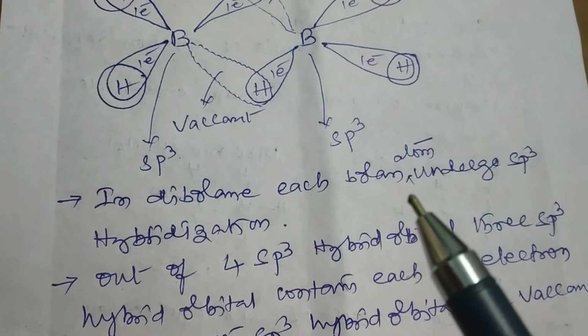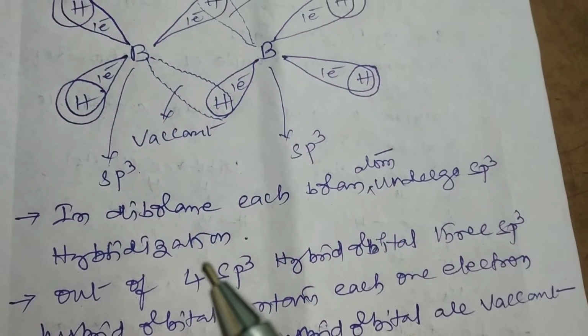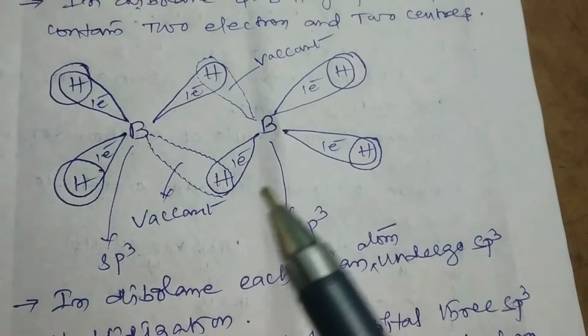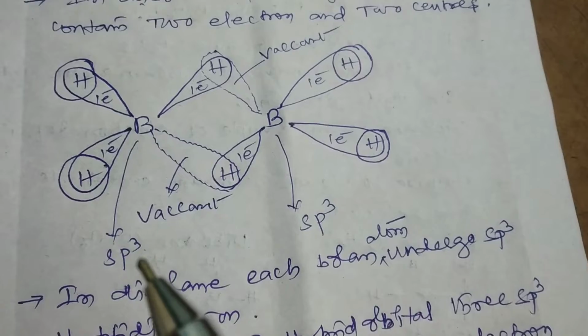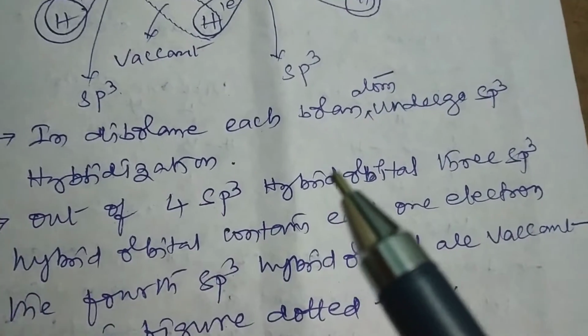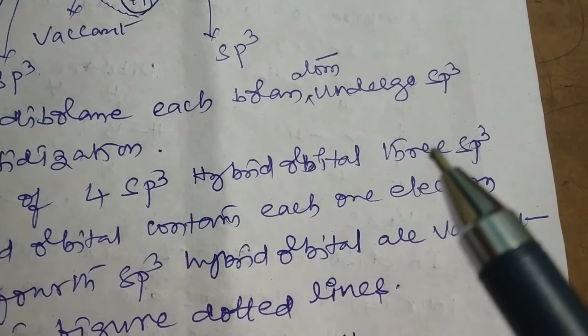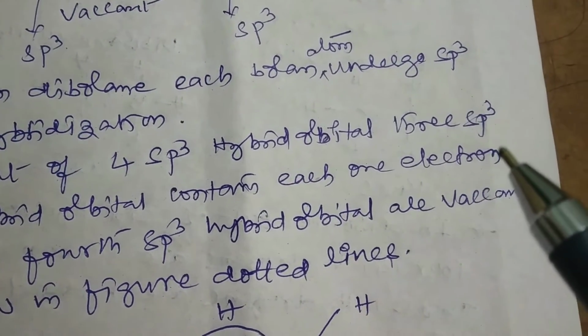In diborane, each boron atom undergoes sp3 hybridization. Out of 4 sp3 hybrid orbitals, 3 sp3 hybrid orbitals each contain one electron.